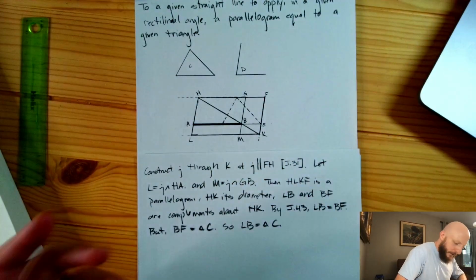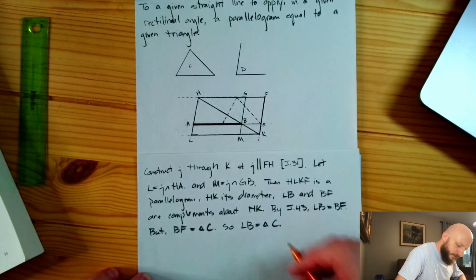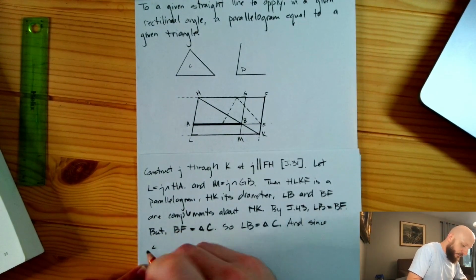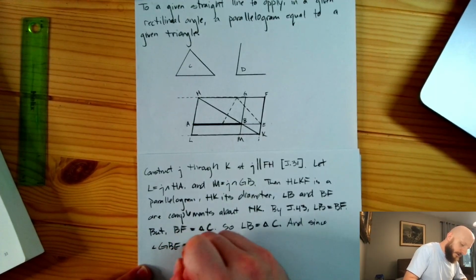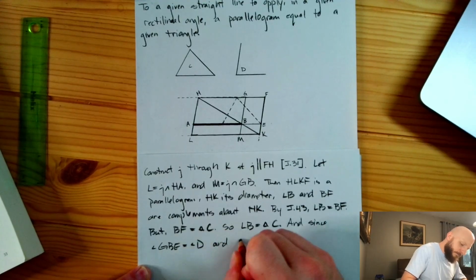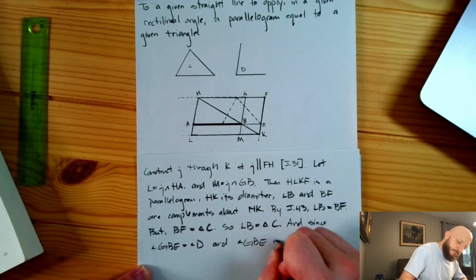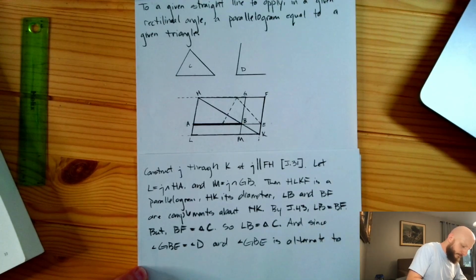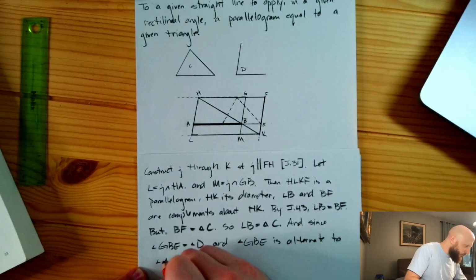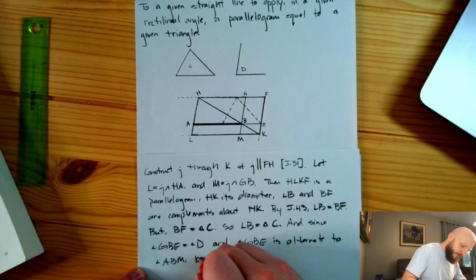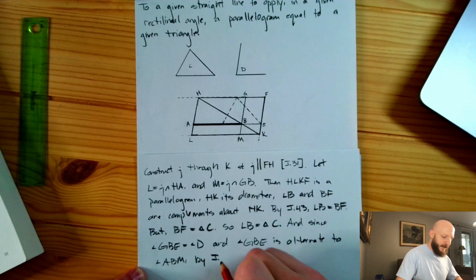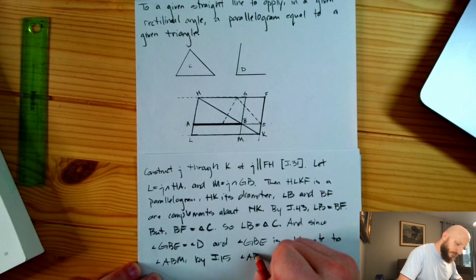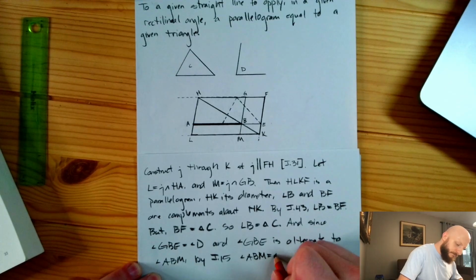So since angle GBE equals angle D, and angle GBE is alternate to angle ABM, by prop 15, we have that angle ABM equals angle GBE.